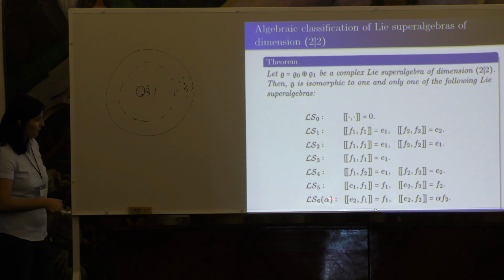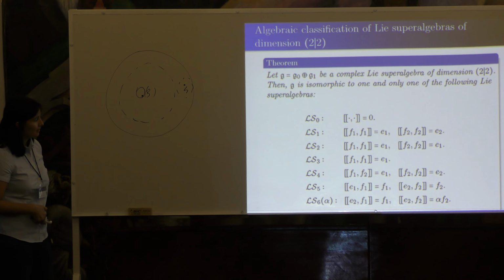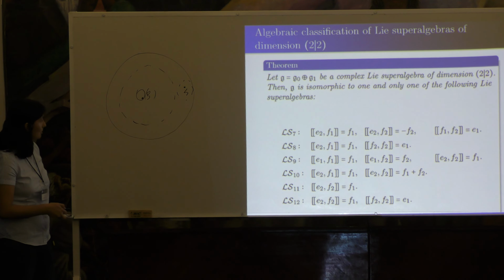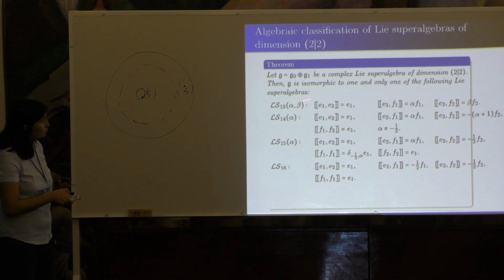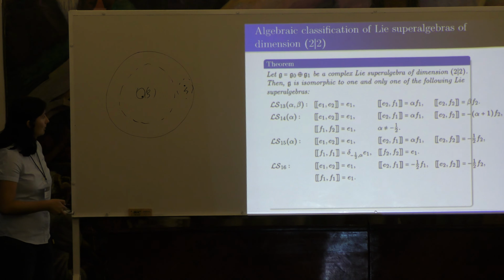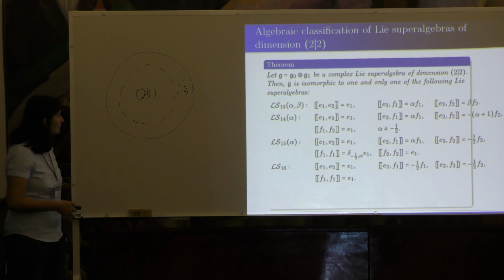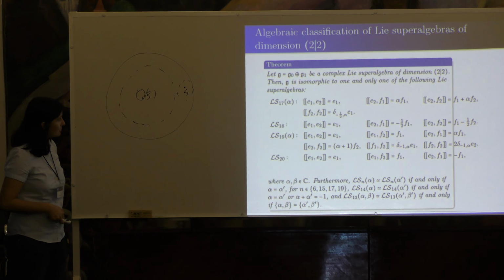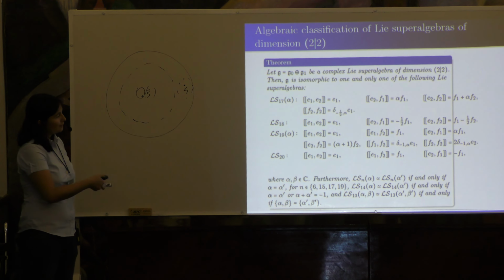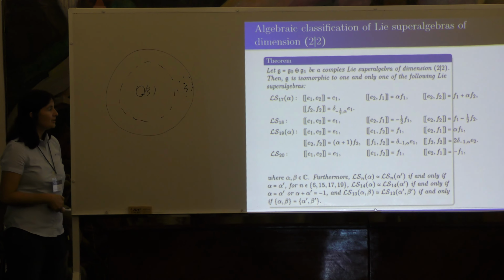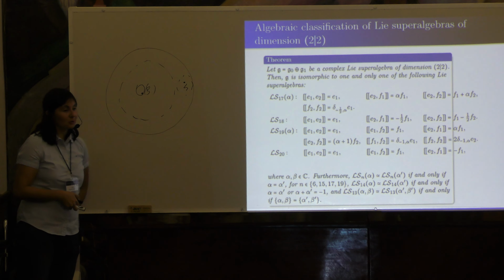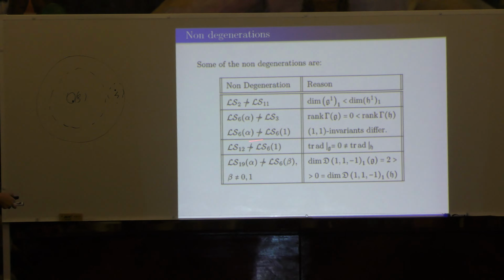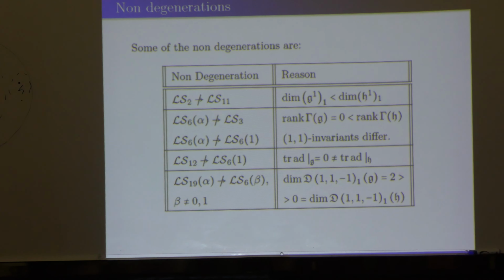We have a few with a parameter, one with 2 parameters, others with 1, and 2 more with 1 parameter. So after obtaining this, which was hard work, we begin our study of the possible degenerations.